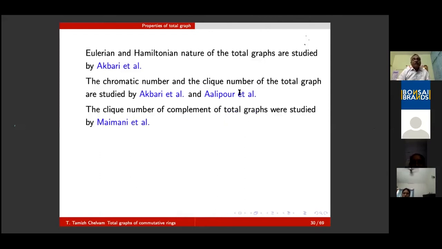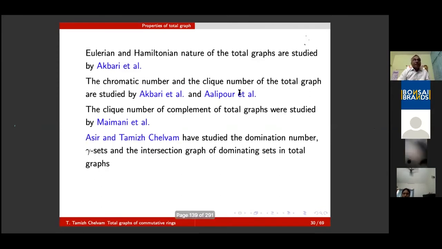And of course, the clique number of the complement of the total graph was studied by Maimani et al., Rocky Mountain Journal of Mathematics. Asir and myself, my own student Asir and myself, have studied domination, gamma sets, and the intersection graph of gamma sets in total graphs. Of course, that paper appeared in Communications in Algebra.